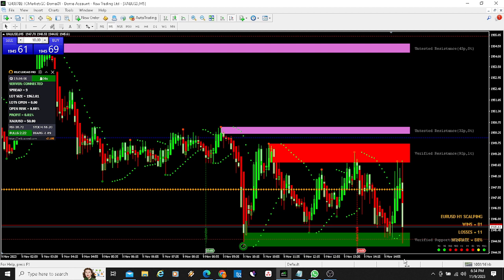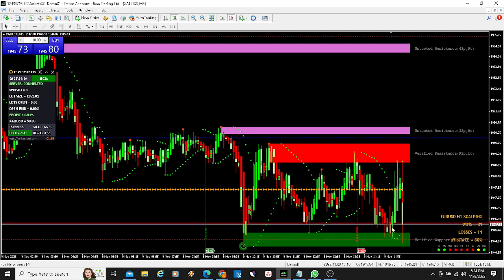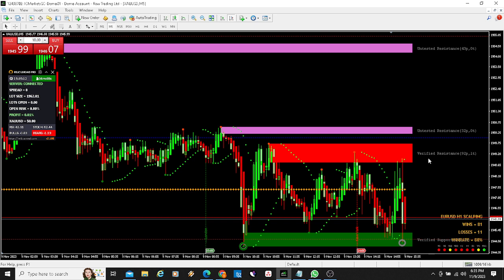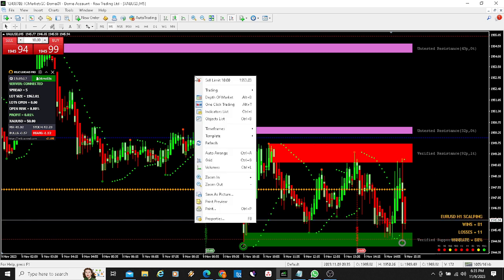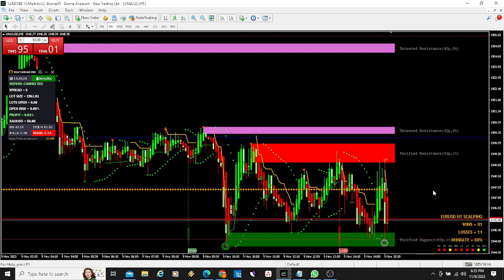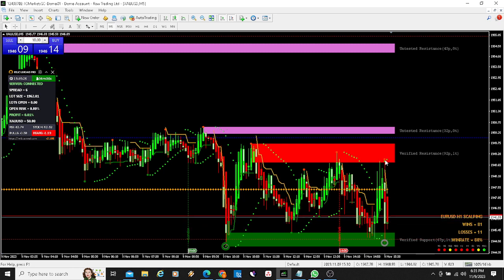If you see, the market zigzags between this support and resistance level. See, it hit the extreme low level, a dynamic reversal signal appeared, so now there is a chance of the market going up. Okay, now in this case, see, the dynamic reversal signal and super trend appeared.